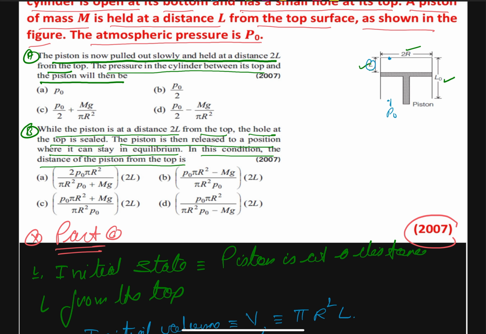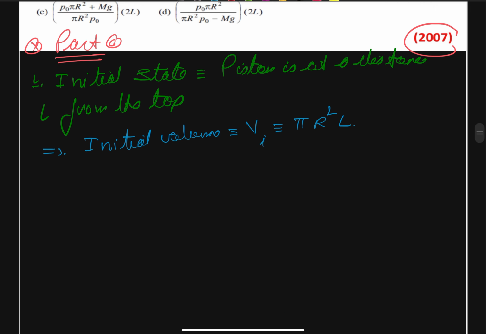So let's find out what will be the forces on the piston, then we can discuss it more in detail. First of all, the piston is at equilibrium or stationary, so all the forces acting on the piston should be in the balanced state.